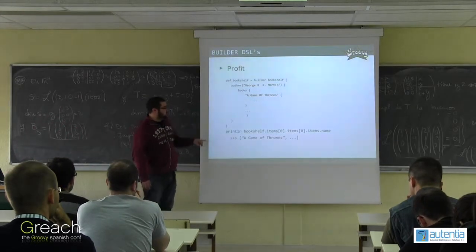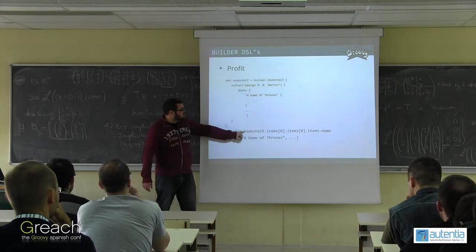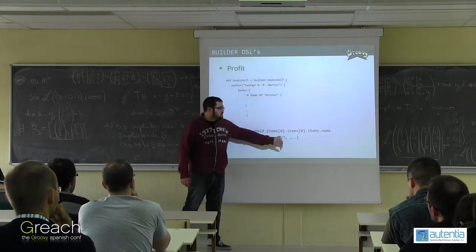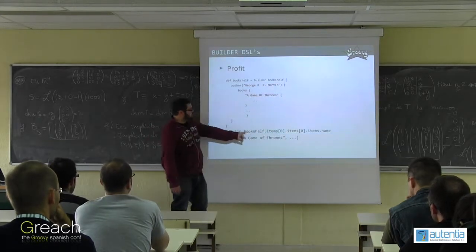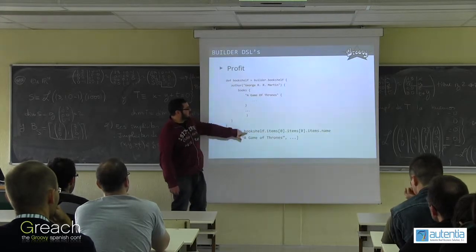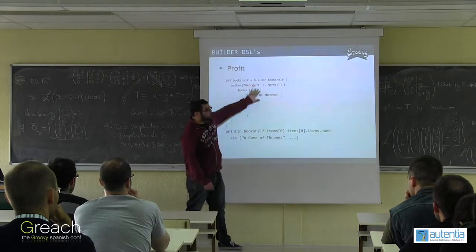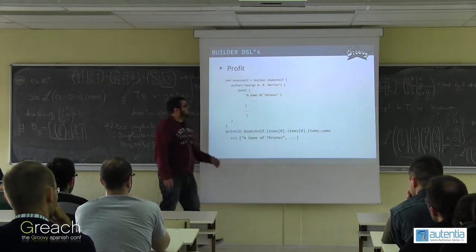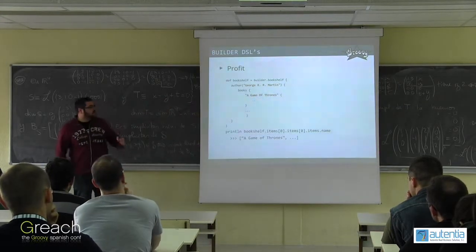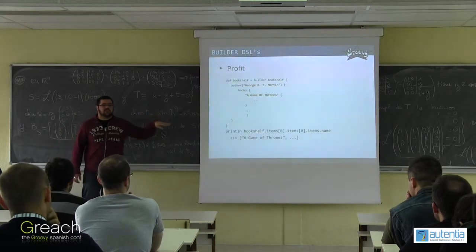Automatically, you can access your constructed object. I mean, you create book shelf, inside has items, and the first item has more items. This way you can easily access the data contained in this DSL.